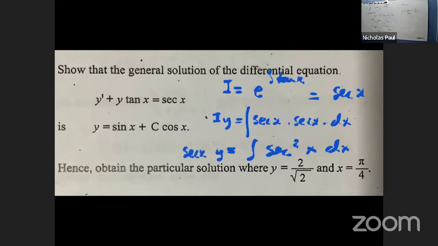Because there is no sec x there, my advice here is to write it as 1 on top.